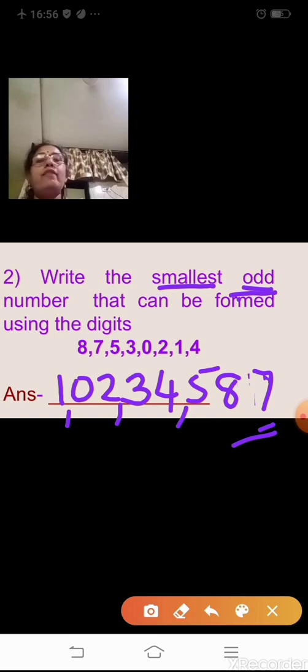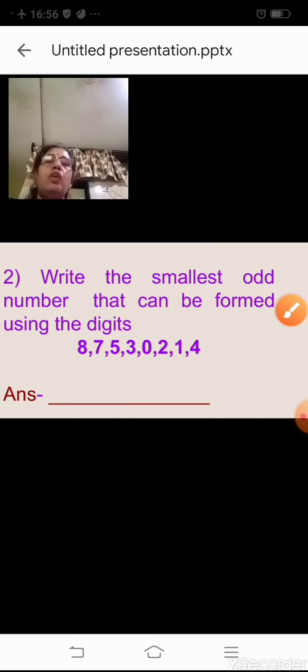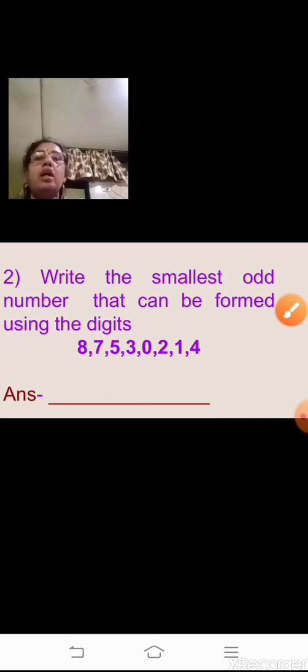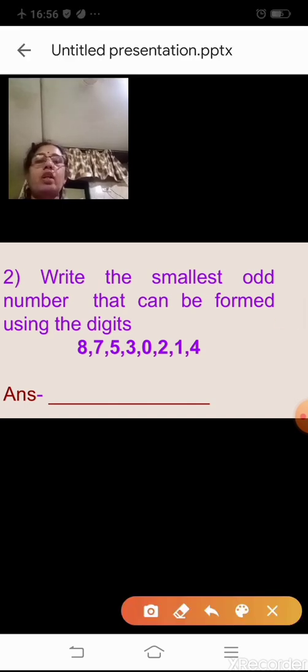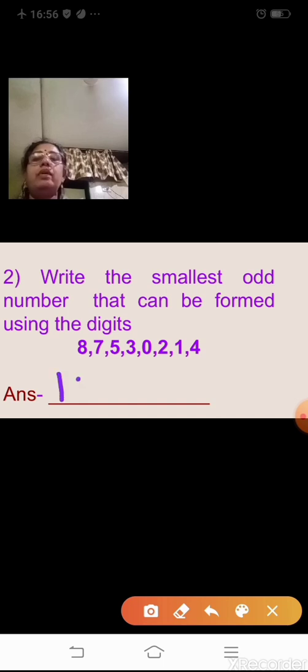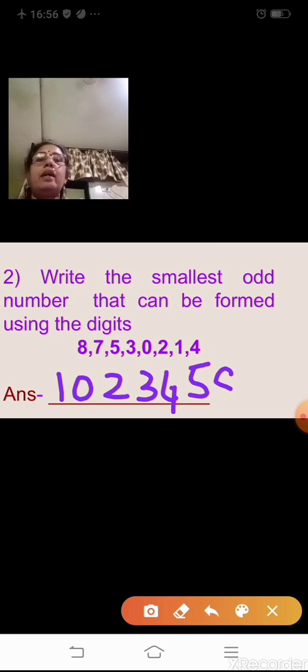So have you understood why we have placed 8 first and then 7? To make it the smallest odd number by using the given digits. Now, I hope you all must have understood. So your answer will be 1, 0, 2, 3, 4, 5, 8 and then 7.